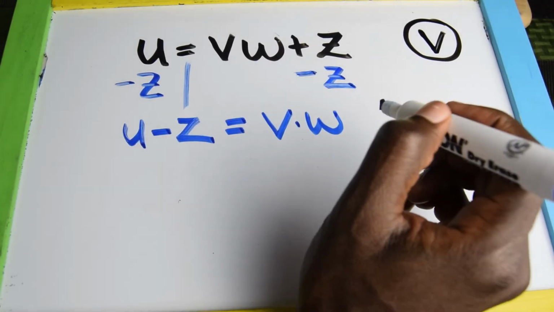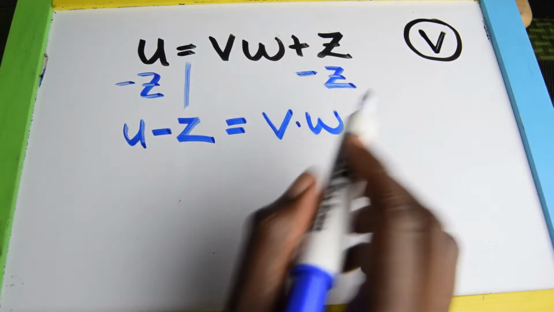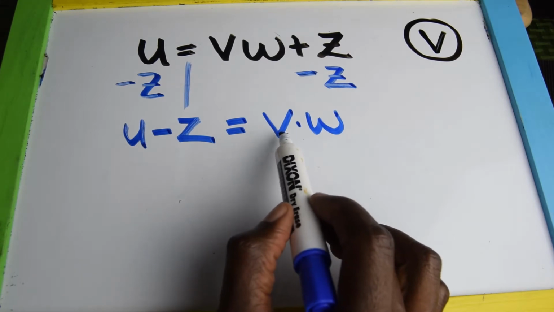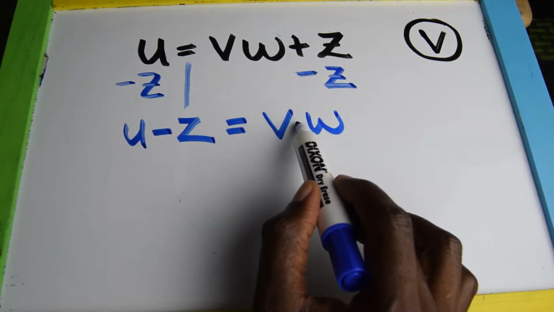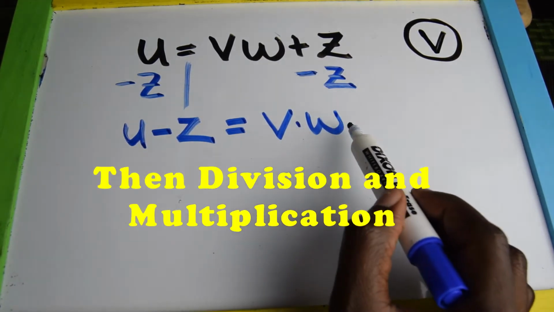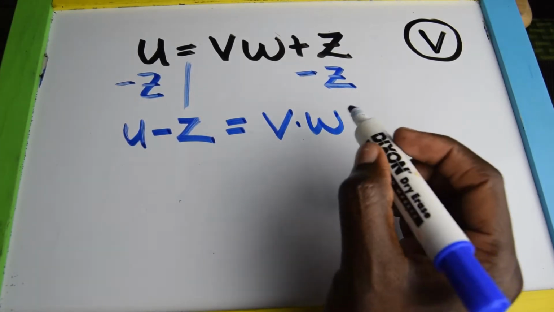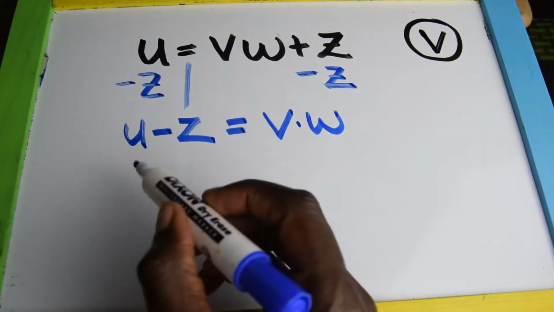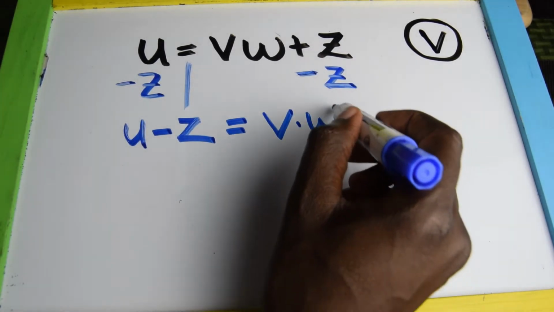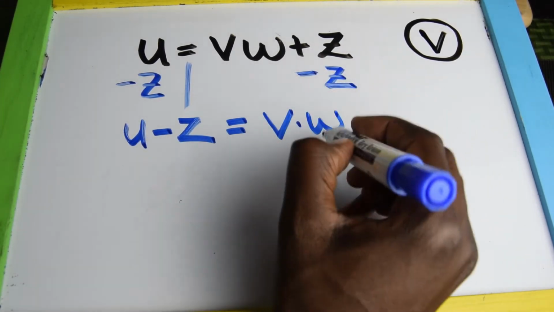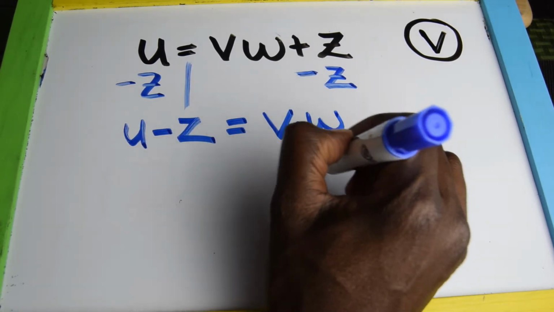Now, the next thing I want to look at is I want V by itself. And V is multiplying W. So what is the inverse operation? The inverse operation for multiplication is division. And what do I divide? I divide both sides by W, so that I have V by itself.